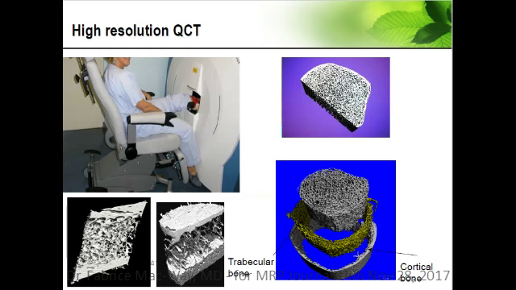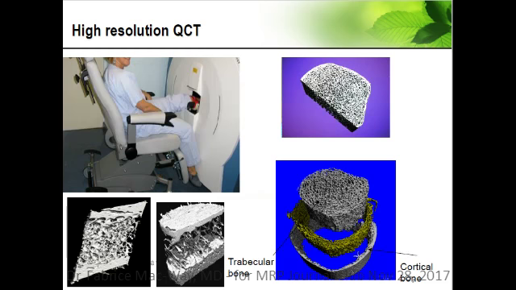A few studies have now been published showing that the cortical compartment, in addition to the trabecular compartment, is highly disorganized in the CKD population, and probably that the cortical compartment contributes more to bone strength than the trabecular compartment.